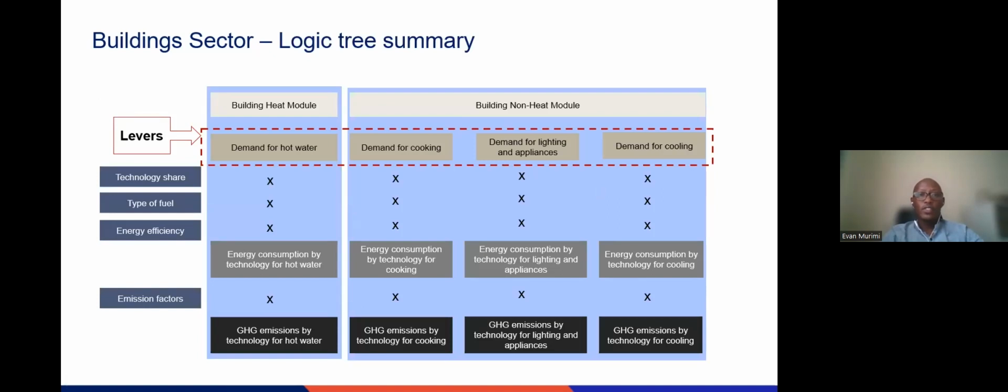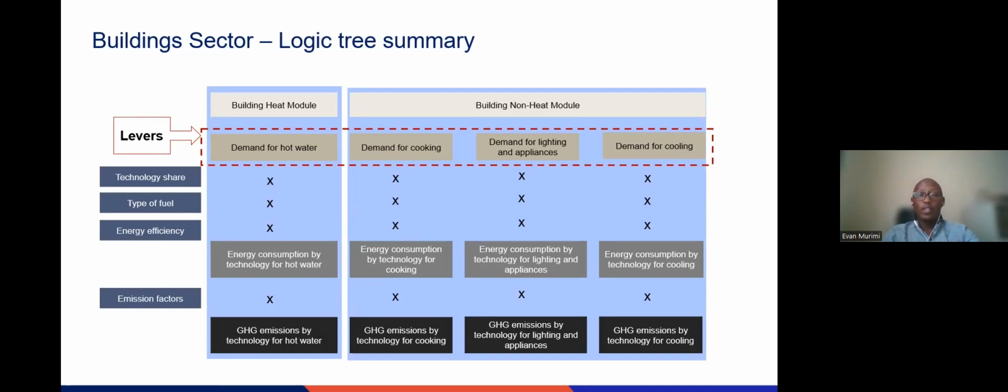Yes, so the building sector had 4 levers. A lever for demand for hot water, another one for demand for cooking, lighting and appliances, as well as for cooling. And for us to identify the potential to reduce the greenhouse gas emissions from each of these levers, we were taking the energy consumption for each of the levers and then looking at the emission factors.